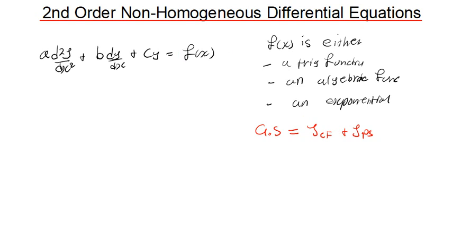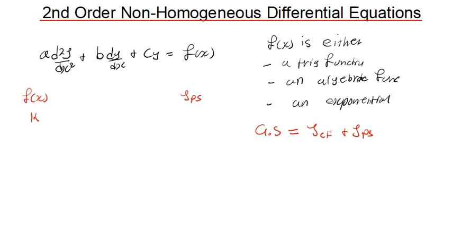Okay, so now what we do is, for our f of x, to determine the particular solutions, here is what you're going to do. Your f of x is in pairs, and it depends on the nature of our f of x. Let's say, for example, our f of x is a constant, like 1.